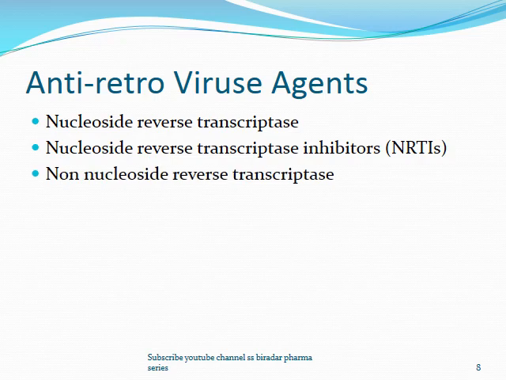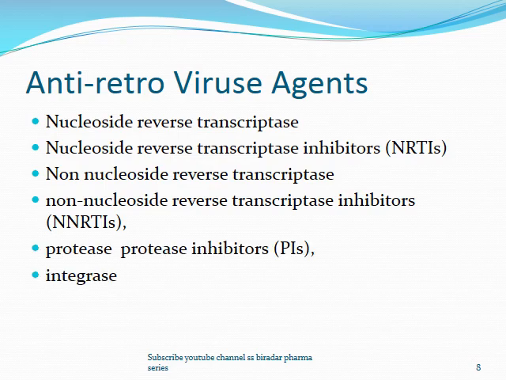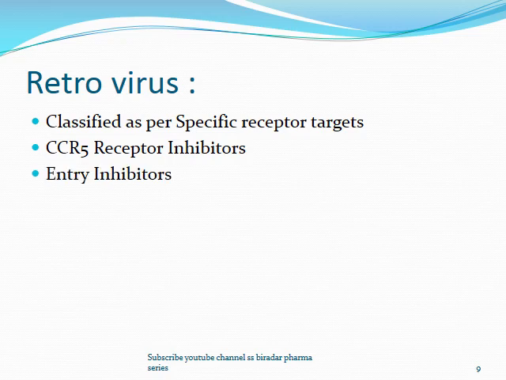For non-nucleoside reverse transcriptase, we have non-nucleoside reverse transcriptase inhibitors, protease inhibitors, integrase inhibitors, and there are certain antiretroviral agents which are classified depending upon specific receptor targets, like CCR5 receptor inhibitors or entry inhibitors.